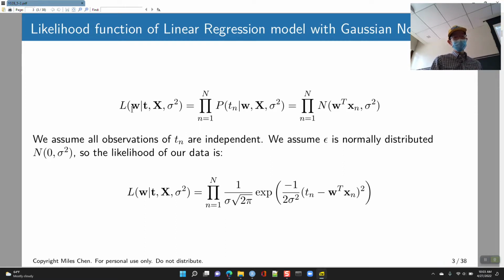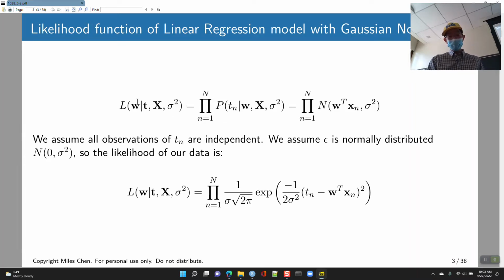The likelihood function is a function of the weight vector W. We treat all of the observed data, your actual target values t, the input values x, and the variance as fixed values, and we ask what values of W maximize this likelihood.